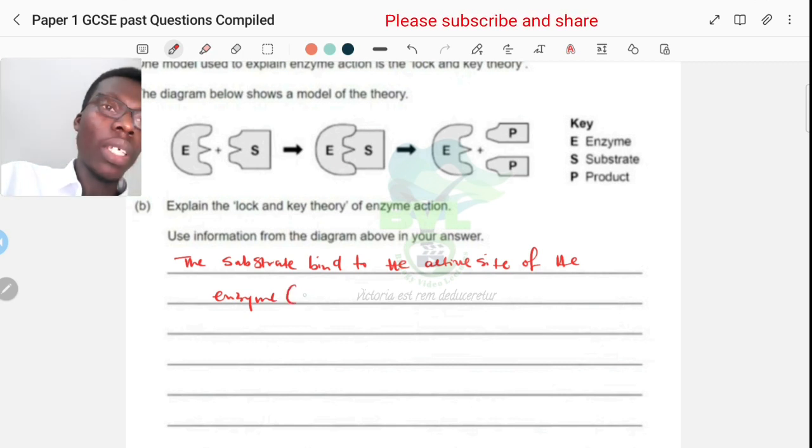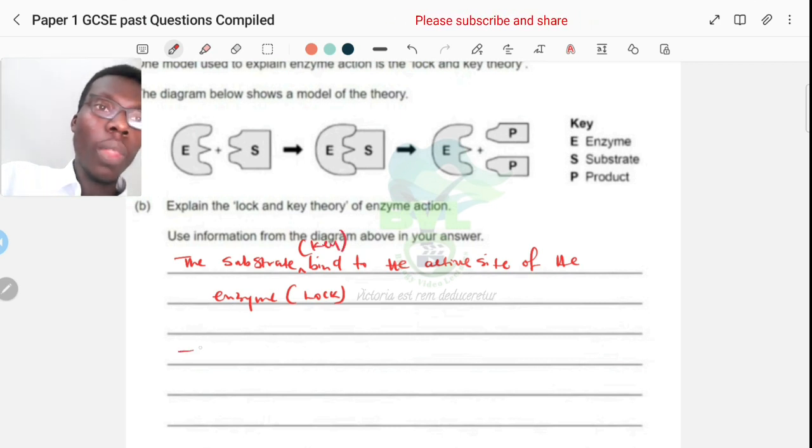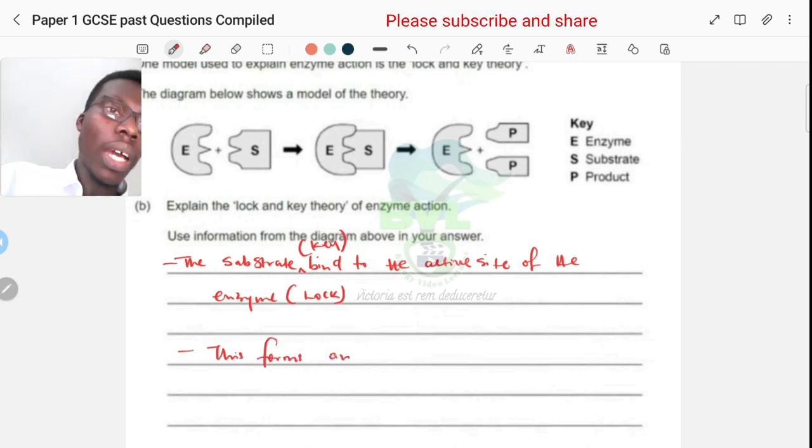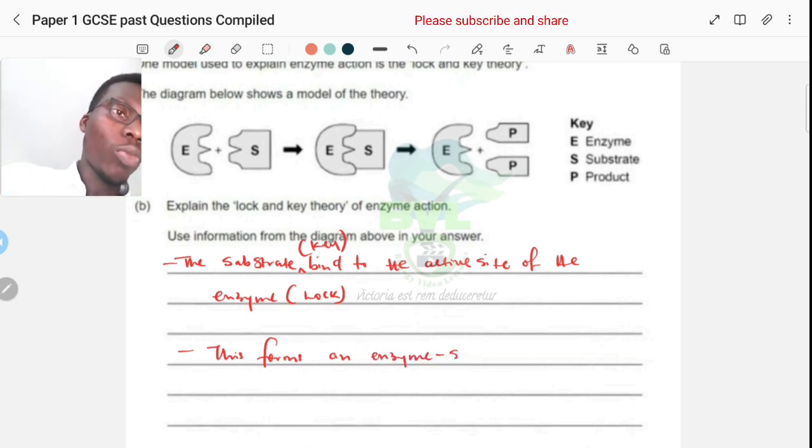So the enzyme is the lock and the substrate is the key. I forgot to add that. Then this forms an enzyme-substrate complex.